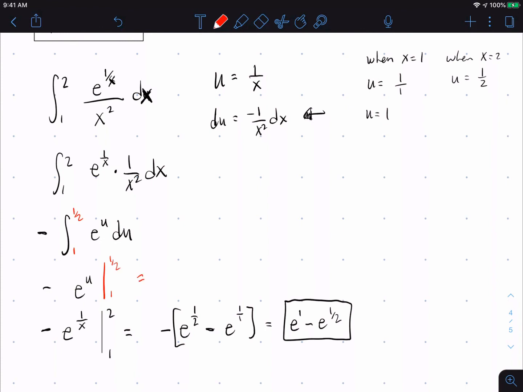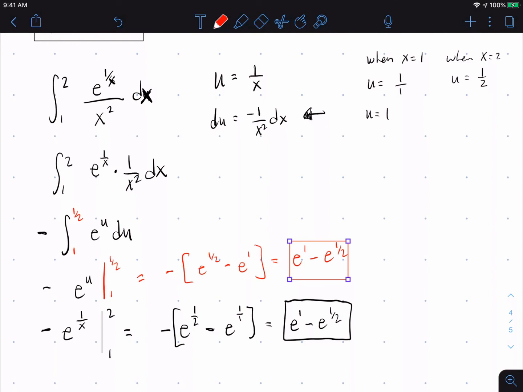And so by doing that, I get negative the lower bound, the upper bound, e to the 1/2 minus e to the 1, which when we clean that up becomes e to the 1 minus e to the 1/2.